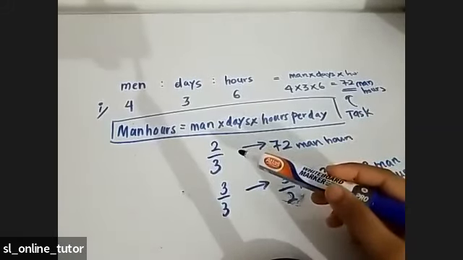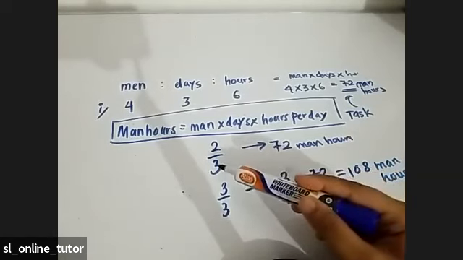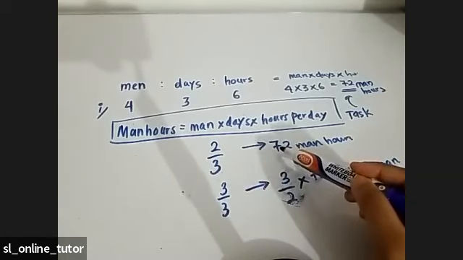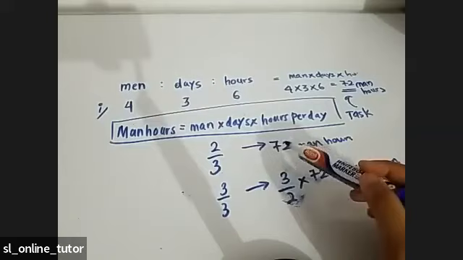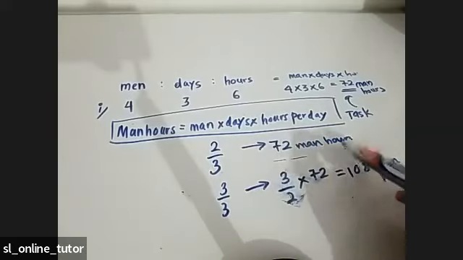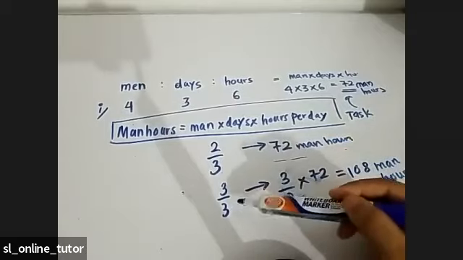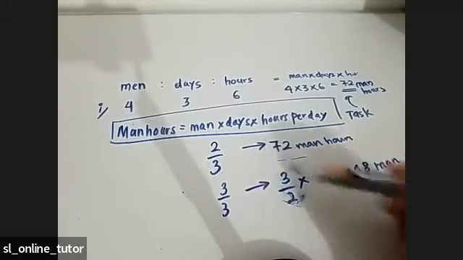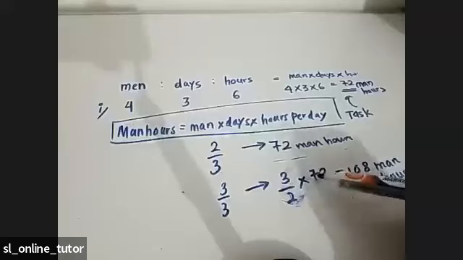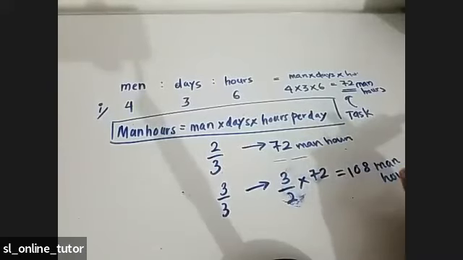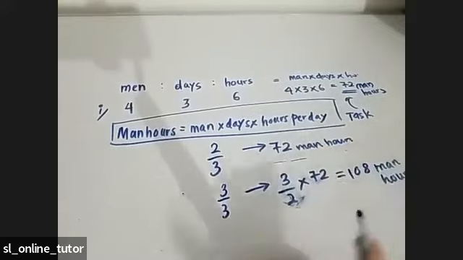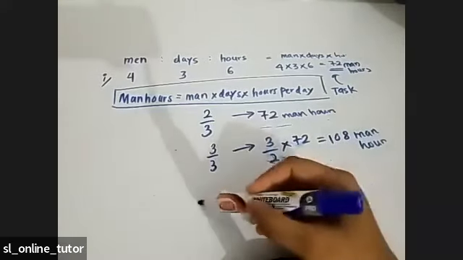Already the question is telling you 2/3 of the task is completed by working for 6 hours per day for 3 days. That means 72 man hours because 4 men worked. Now you have to find what is the complete task. So complete task can be found by getting the reciprocal, 3 upon 2 into 72. But already they have just completed only 72 man hours. So how many are remaining then?